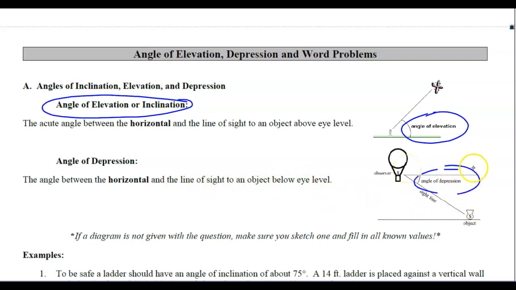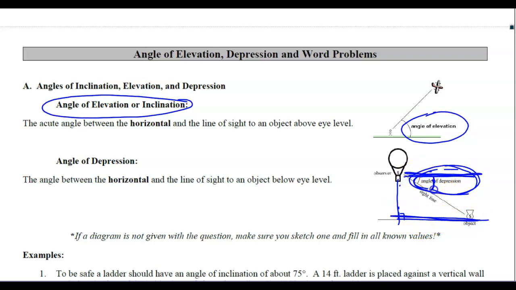In this diagram here, take a look at it. Say we're given the height of that balloon, that's vertical height. That forms a right triangle. That angle of depression is not even in the triangle, so what good is it? Well, this is a horizontal line, and so is this.